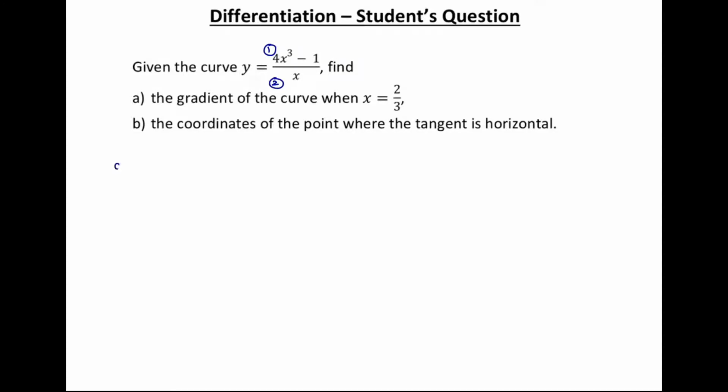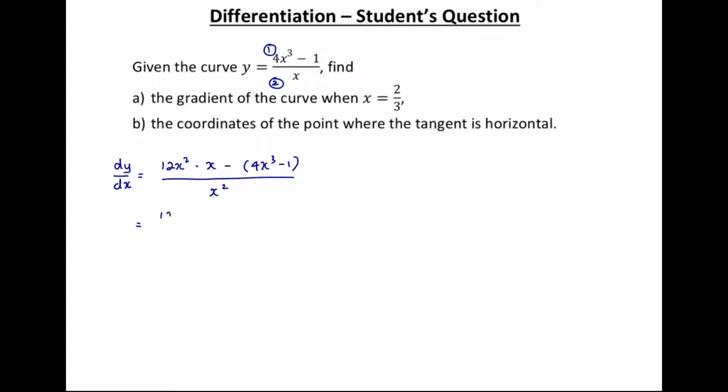Okay, so first my dy over dx is actually differentiate the top, which is 12x squared, multiply by x, minus differentiate the bottom times the top, which is 4x cubed minus 1. Please do not forget your bracket because of the negative. So over bottom squared. Okay, let's simplify this.